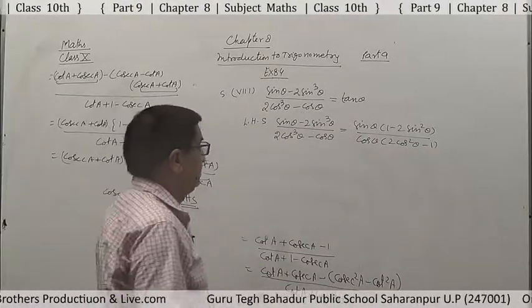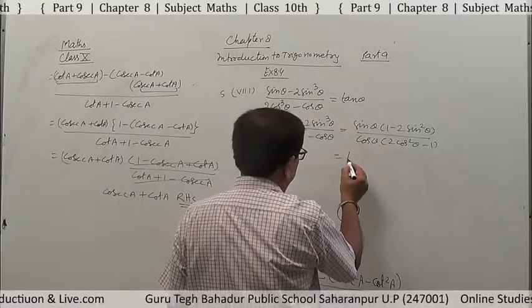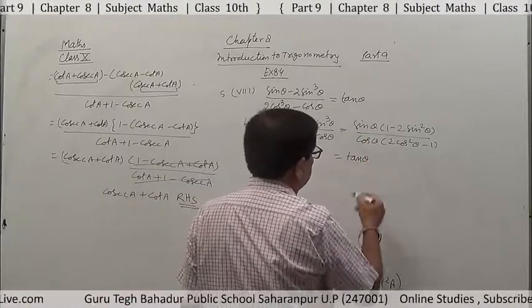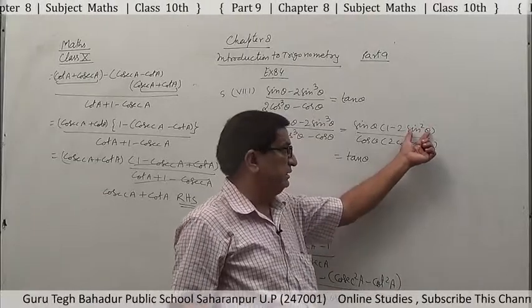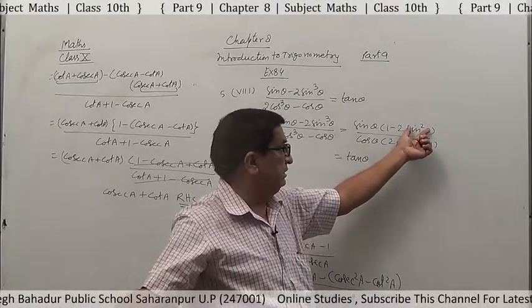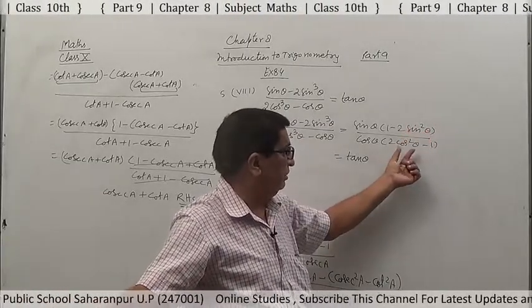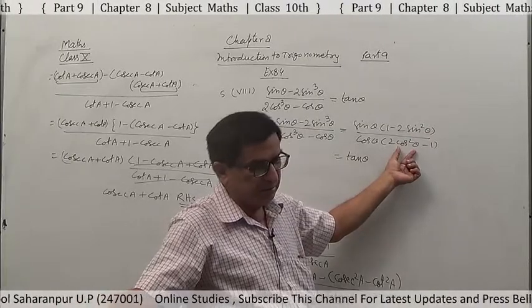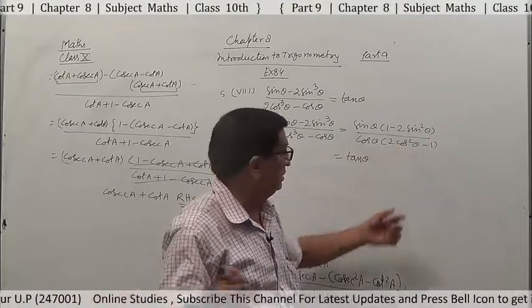Now this sin theta upon cos theta becomes tan theta. Either you change this sin square theta in the form of cos square theta, or you change this cos square theta in the form of sin square theta.